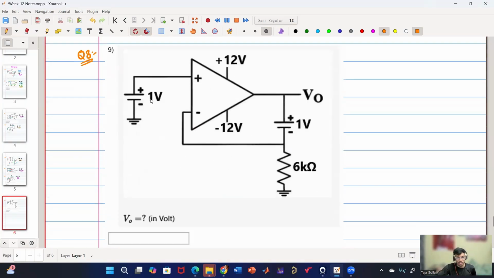Okay, how to solve this problem? V naught 2 volts. Okay, and how did you get it? 1 volt plus 1 volt, 2. Yes, very good. So V naught is 1 volt plus 1 volt, which is 2 volt. Very good.